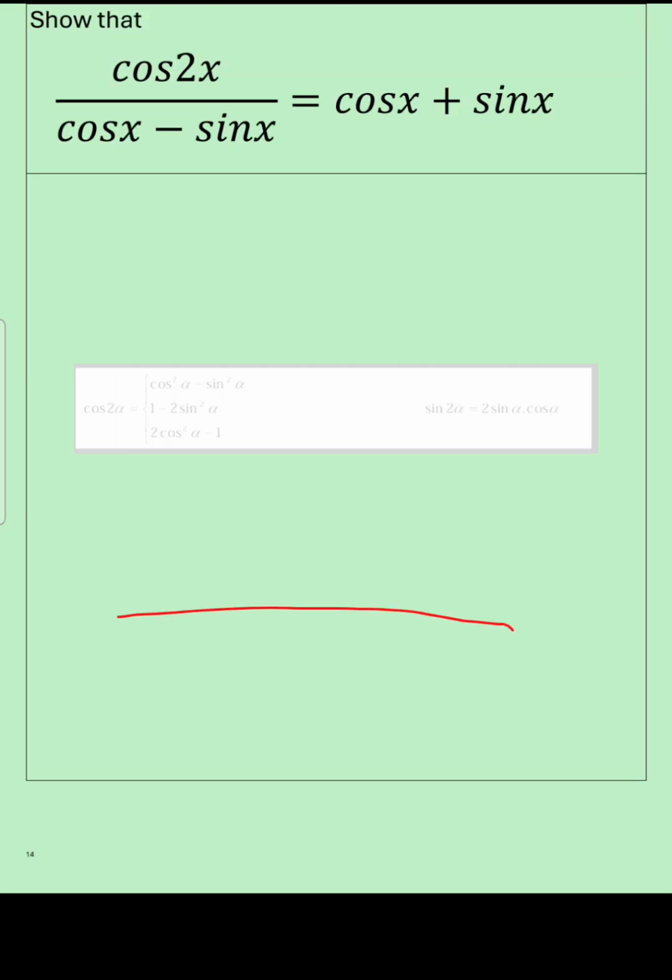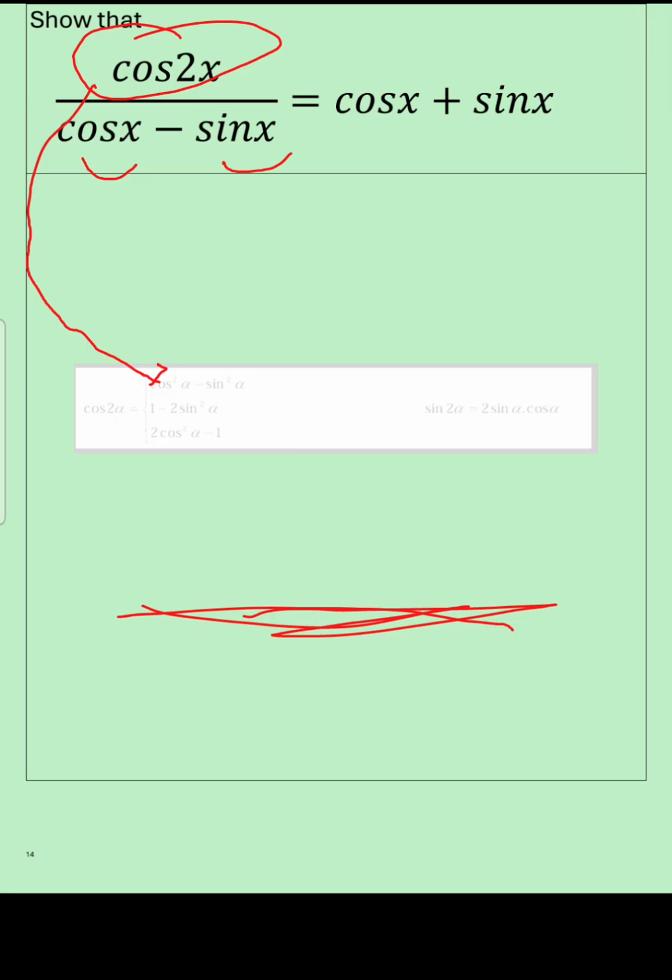Now look at this. At the bottom we have got cos A minus sin A. So this gives me a clue that this must be changed to the one that has got cos and sine. So the first one, the first compound angle identity, double angle identity, so to say.